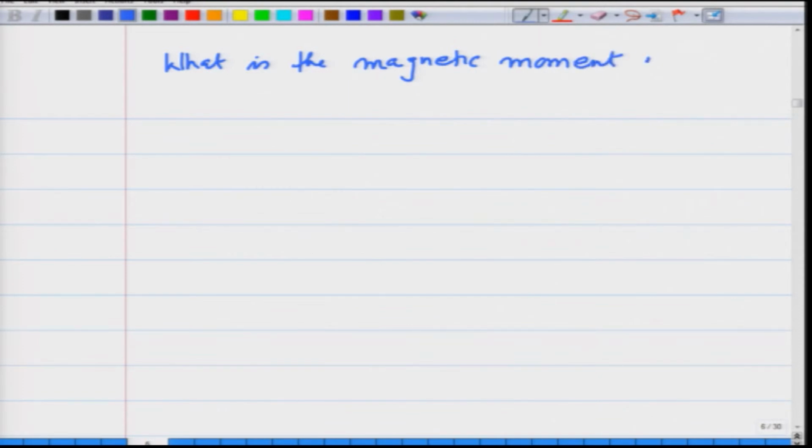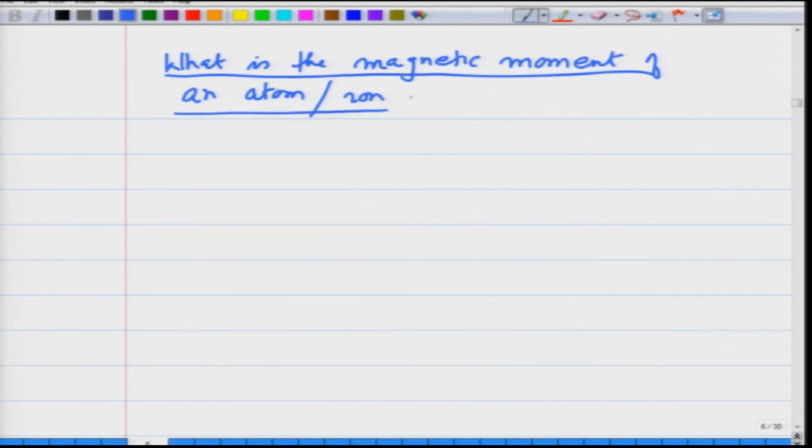of an atom or ion, because in a solid I may even have those atoms as ions, because other electrons may be just moving around. So if I take a system of these atoms and each atom has some magnetic moment mu, it will arise due to two different kinds of angular momenta of the electron.